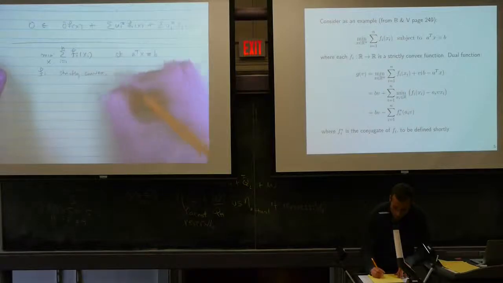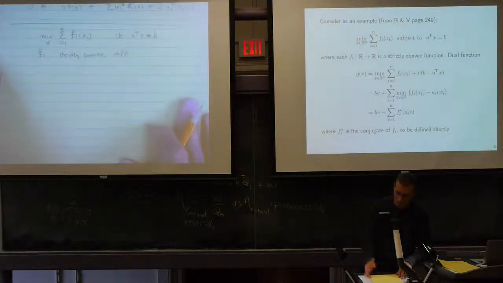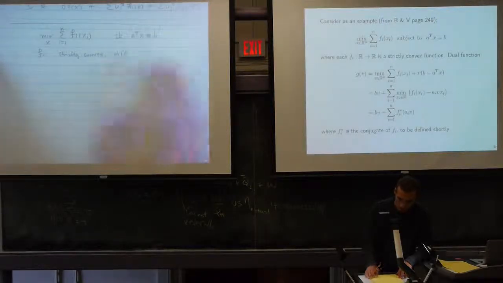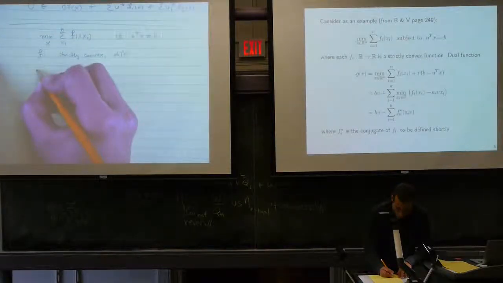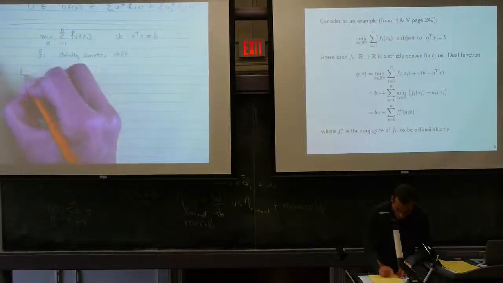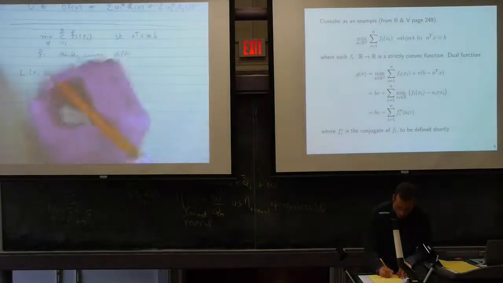We might even just assume that it's differentiable. None of this is necessary, but it's going to make the example more concrete. So what's the dual of this problem? Well, remember, we're going to write down the Lagrangian, L of x, and I'll call the Lagrange multiplier for that v.